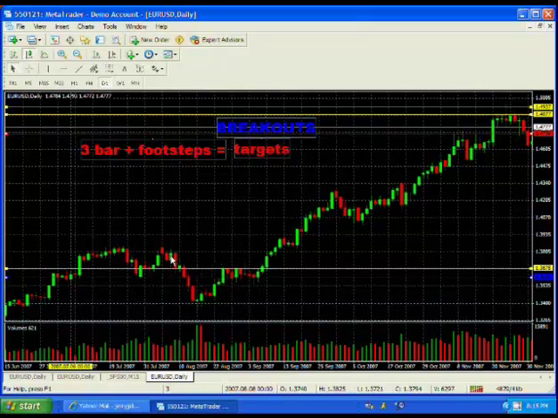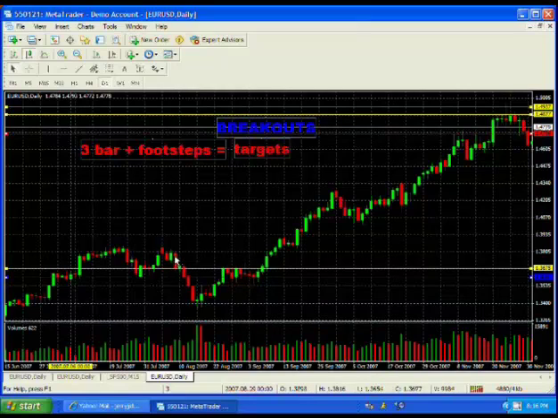But now when we look at our 3-bar, we count 1, the swing bar, then this green bar is going to be 2. And why are we not counting these red bars? Because as we talked about in footsteps, these are inside bars, and this is mother. And when we're counting 3 bars, we don't count the inside bars. So this is 1, mother is 2, and this red bar here would be 3.